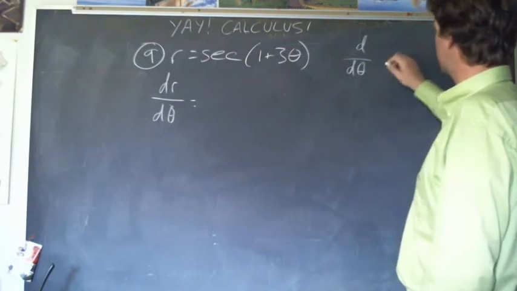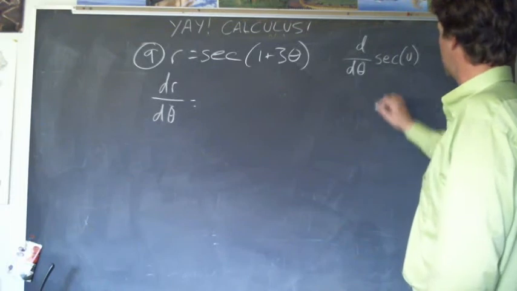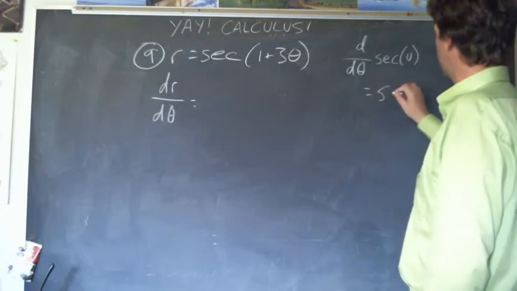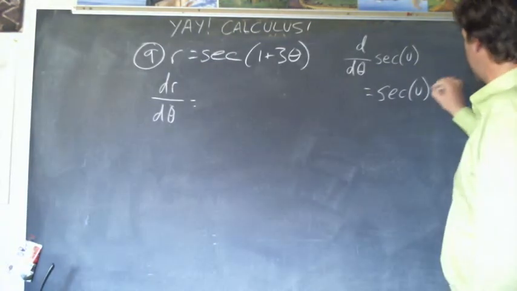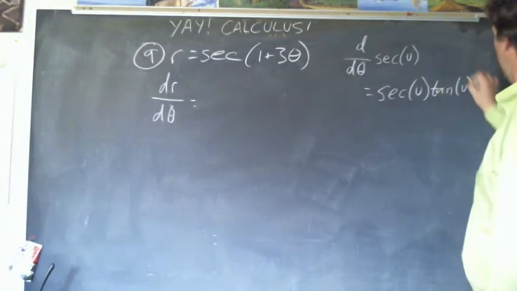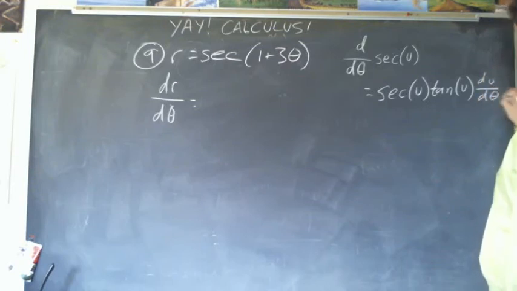Derivative with respect to theta of the secant of u equals the secant of u times the tangent of u times the derivative of u with respect to theta.